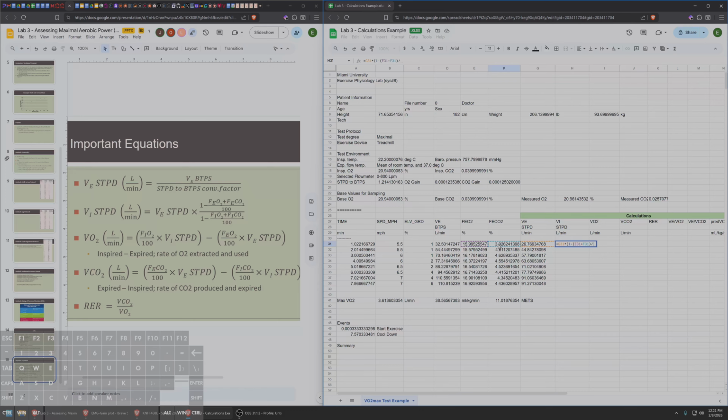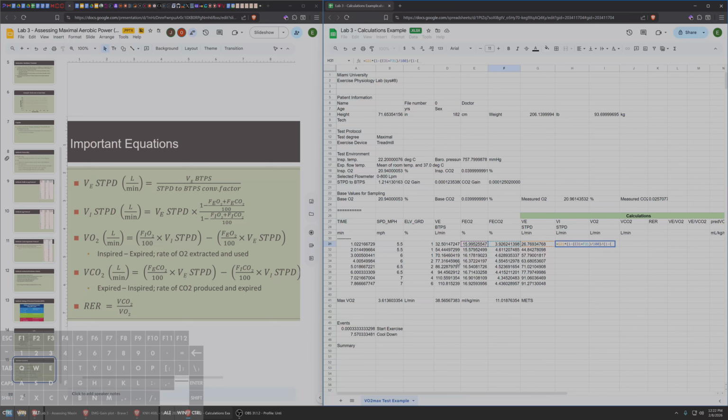Close one parenthesis, divide it by 100, and then close parenthesis. That takes care of the numerator here. So what we're doing is 1 minus FeO2 plus FeCO2. FeO2, FeCO2, those are fractions of the total air. We want to know how much of that total air is O2 and CO2 expired, and then we'll divide it by what was inspired. So divide it by 1, again minus, start a new parenthesis, and we need the inspired.